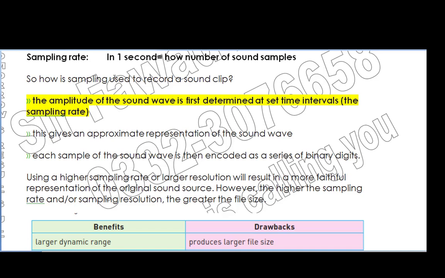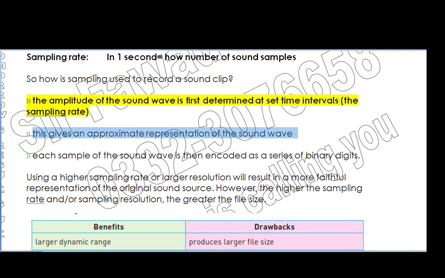We have already understood how many sound samples there are in 1 second. So we first determine the amplitude along with the time interval: in 1 second, how many sound samples can we take?